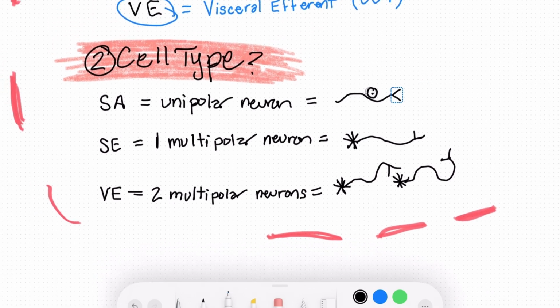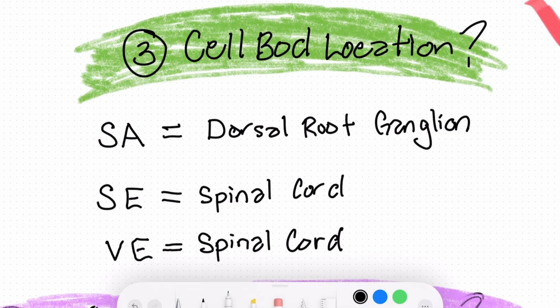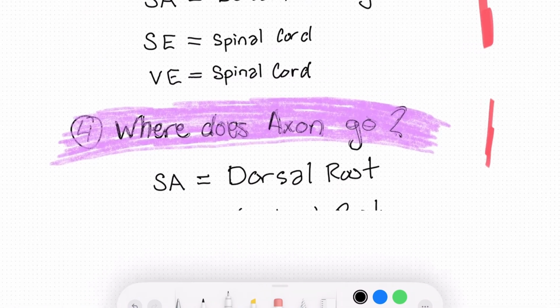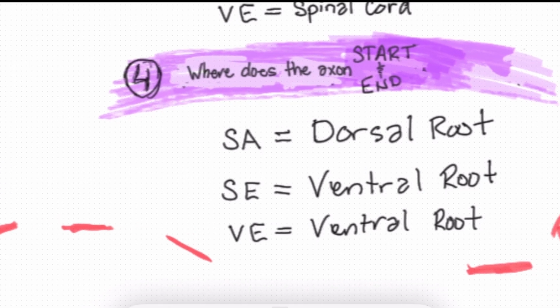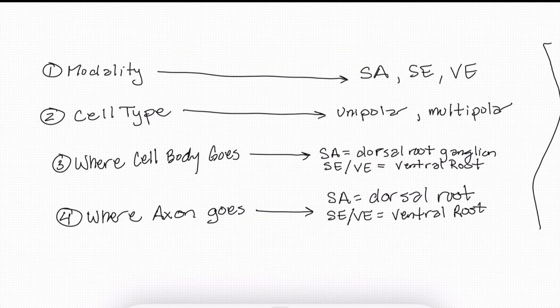After we determine the cell type and the modality, we then want to ask, okay, where does the cell body go? SA, cell body goes in the dorsal root ganglion. If it's SE or VE, the cell body is going to go in the ventral portion of the spinal cord. So after we determine where the cell body goes, we now want to determine where the axon starts and ends. Where does the axon start? SA is dorsal root.